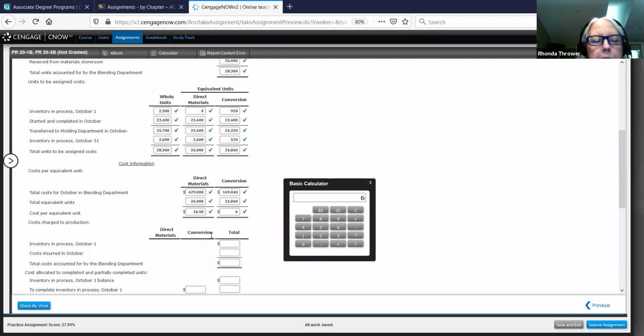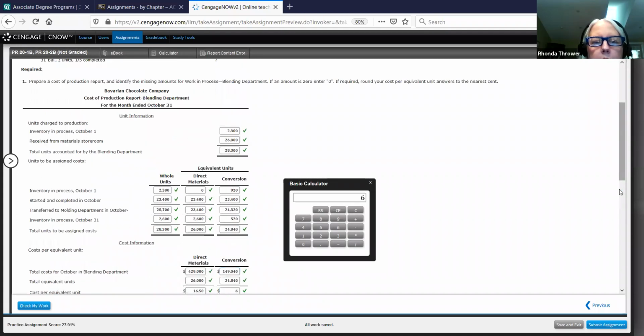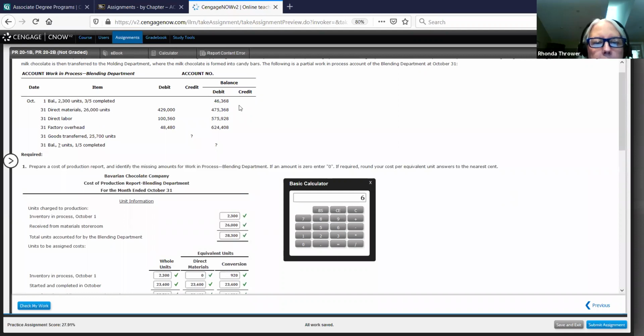So once we have determined our cost per equivalent unit for our materials and our conversion, we can finish assigning the cost to our beginning inventory. What we're going to start with is the given amount of cost that was brought forward into this period, which was the given amount of $46,368.